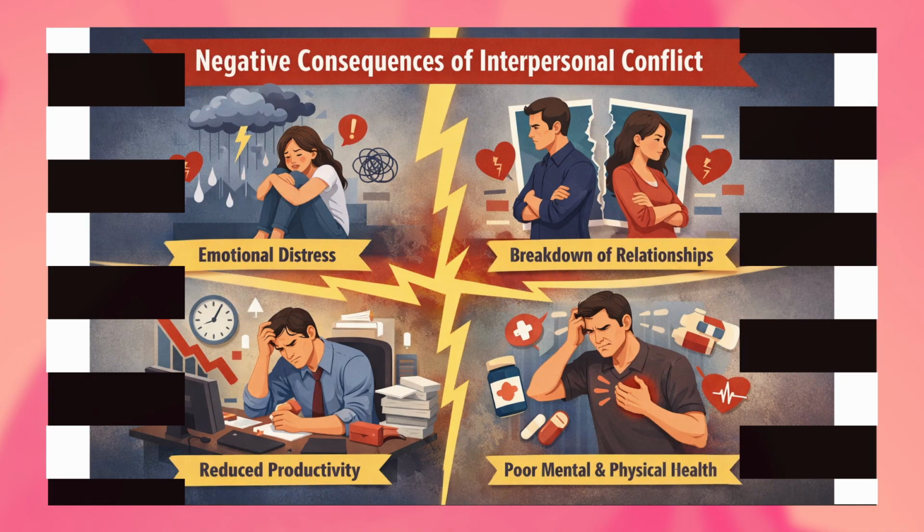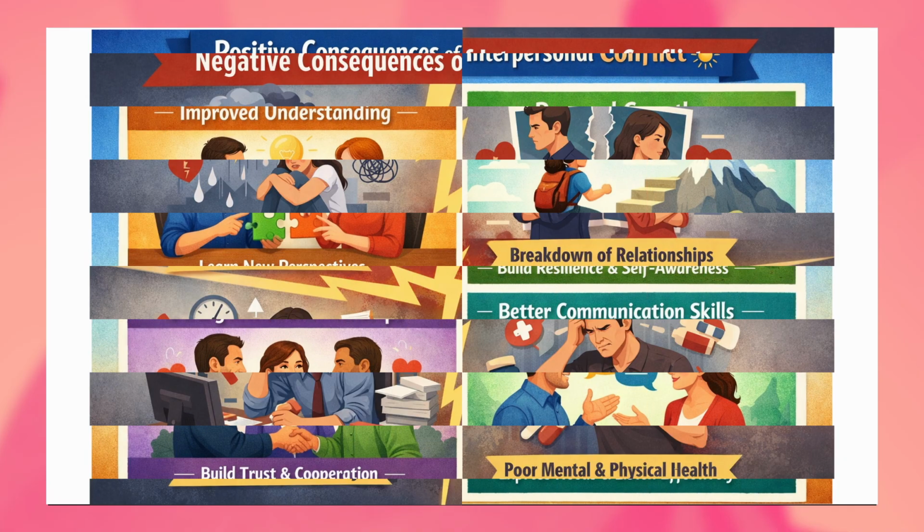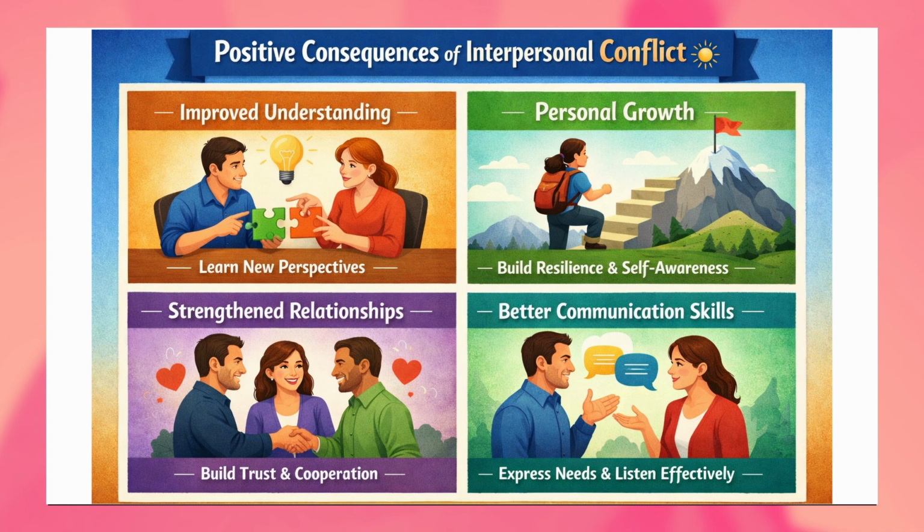Consequences of interpersonal conflict may be negative or positive. Negative consequences include emotional distress, breakdown of relationships, reduced productivity, poor mental and physical health. Positive consequences include improved understanding, personal growth, strengthened relationships, and better communication skills.